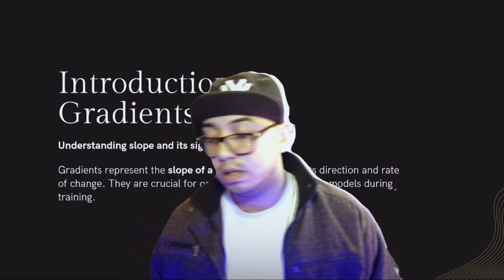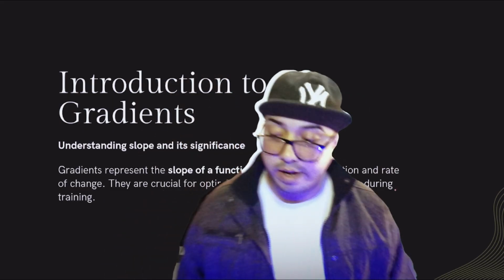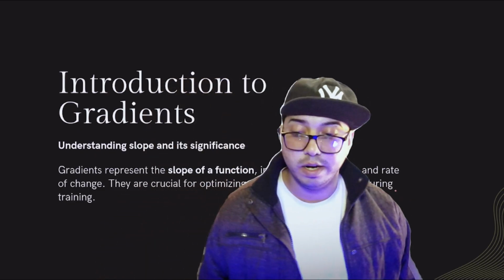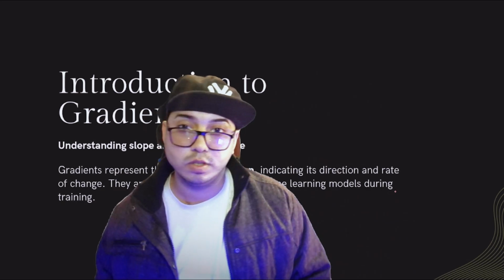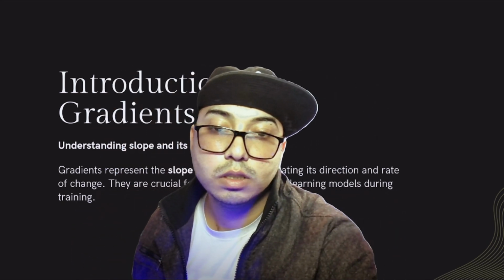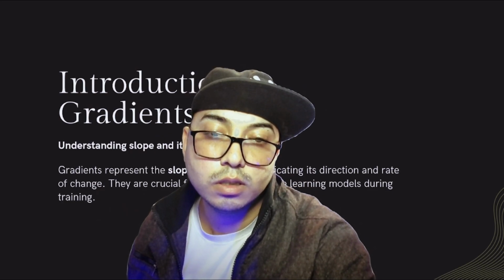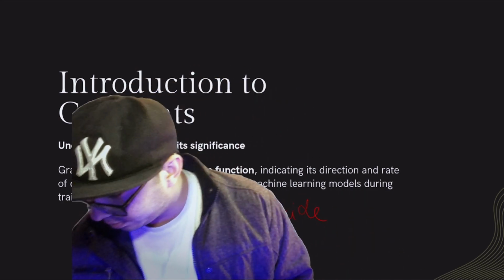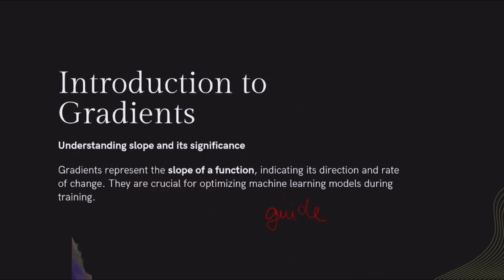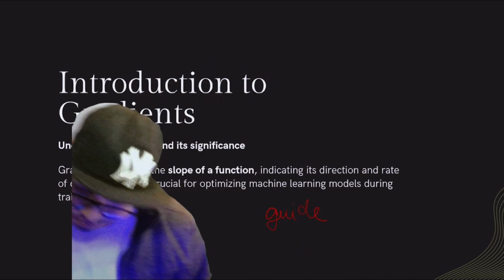Imagine you are standing on a hill and the gradient tells you which way is downhill. So in ML, gradients guide the learning process. It acts as a guide.